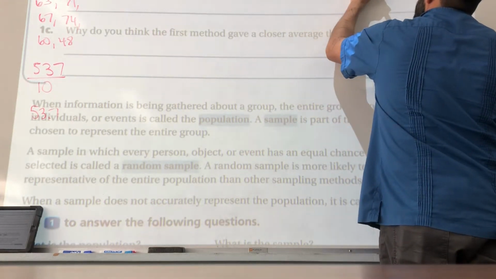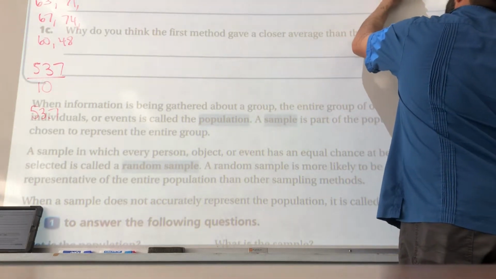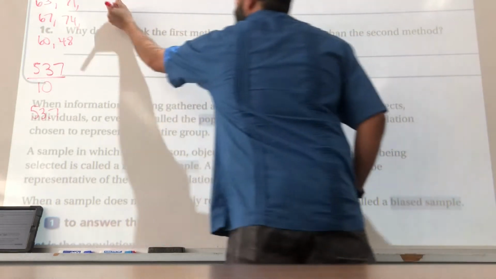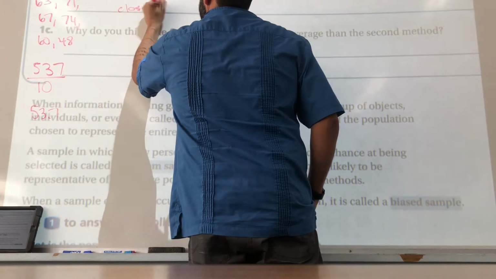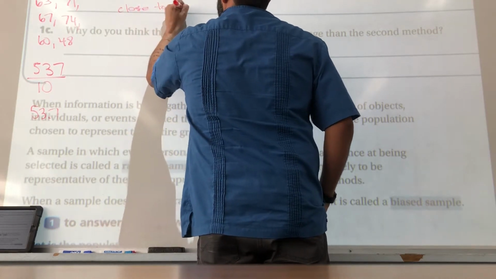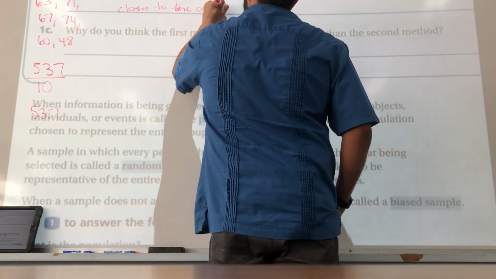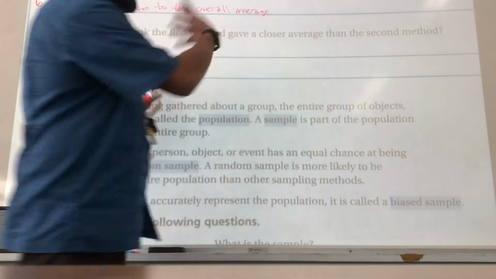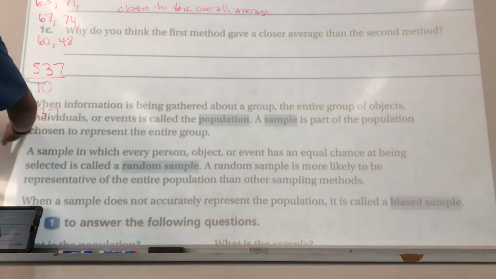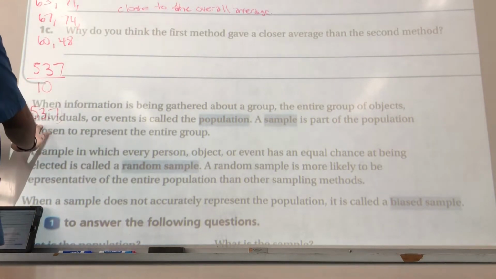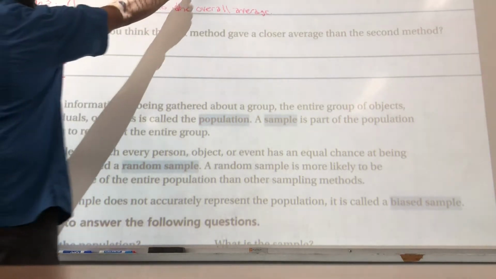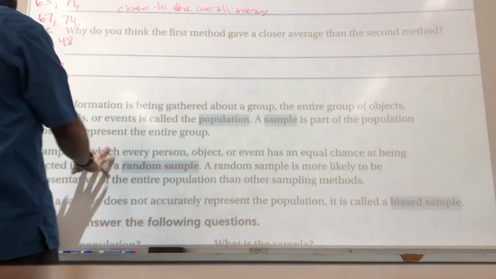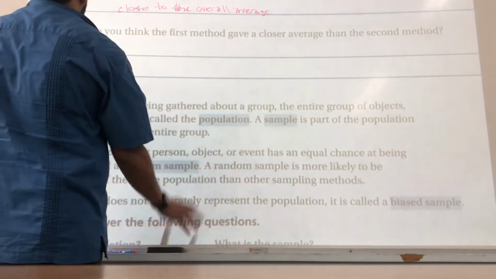The random sampling is close to the overall average. That's because the first row was 13.9 and the random sample was 53.7. That's very close to 56.3. I mean, it's not right next to it, but it's close enough. It's a lot closer than my 13.9.